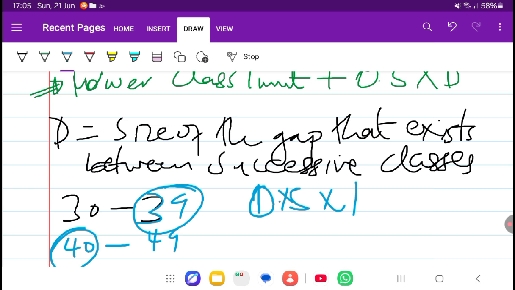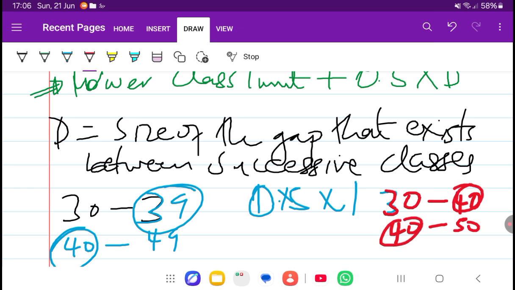If it is for exclusive, where these classes are actually not having any difference, maybe 30 to 40, then 40 to 50, you're seeing the difference between here is 0, so it will be 0.5 times 0, which will give you 0. That's why we take these to be the class boundaries, and at the same time they are the class limits.